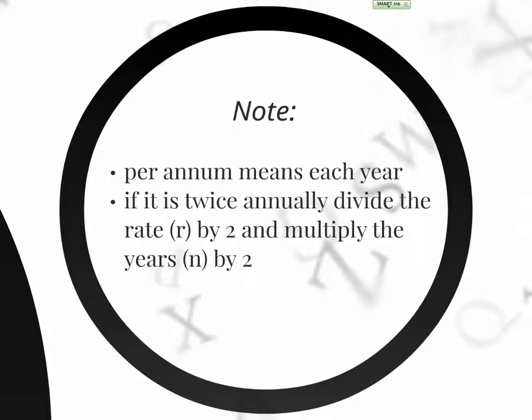So for example, if you were accruing interest twice annually, in order to figure out the amount of money you're going to have, we actually have to divide our rate by 2 and multiply our years by 2, because the interest is being calculated twice a year. So that's why we multiply the years by 2. I know these are kind of weird, so we're going to go over an example all together.